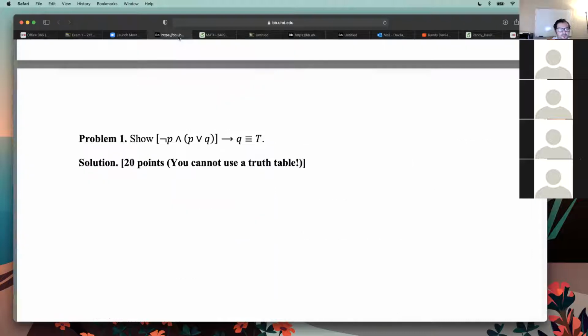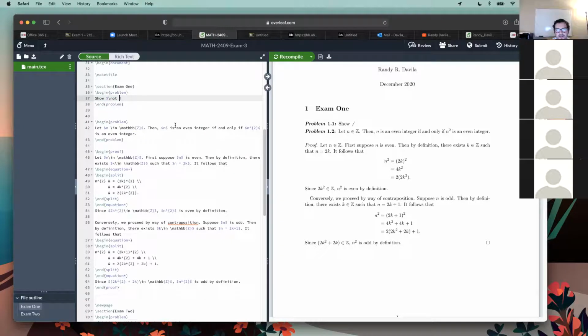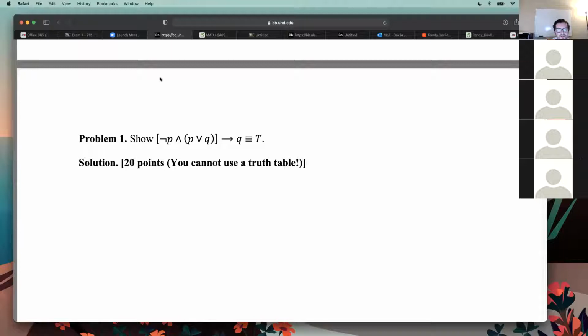And then the problem states: show the negation of P. I don't type a lot of logic problems in LaTeX, so I don't know what these symbols are.